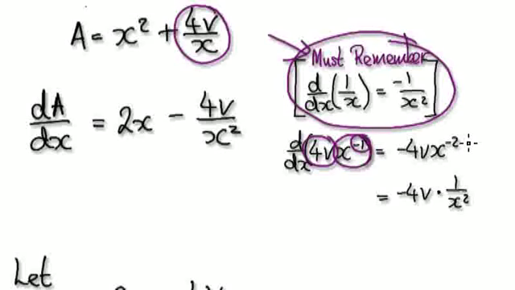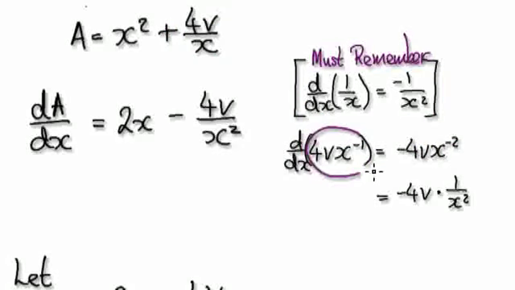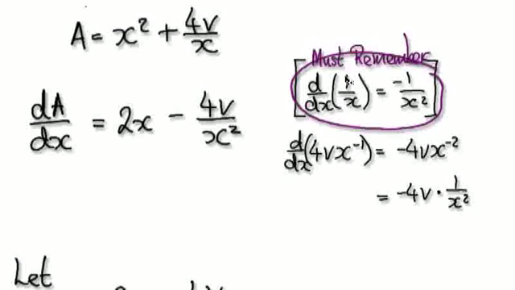When you differentiate it, the power gets multiplied down here. That will then give you minus 4v, and then the power itself gets reduced by one. Try to remember this. It will save you a lot of time.